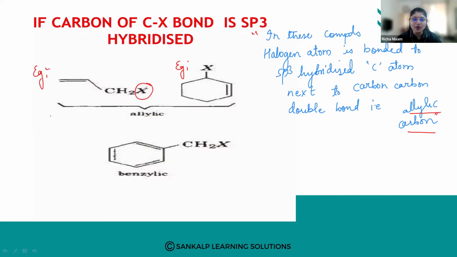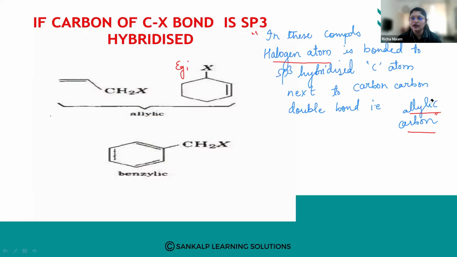In this compound, the halogen atom is bonded to an sp3 hybridized carbon, because it has a single bond, which is present next to a carbon-carbon double bond. Such a compound is called an allylic halide.